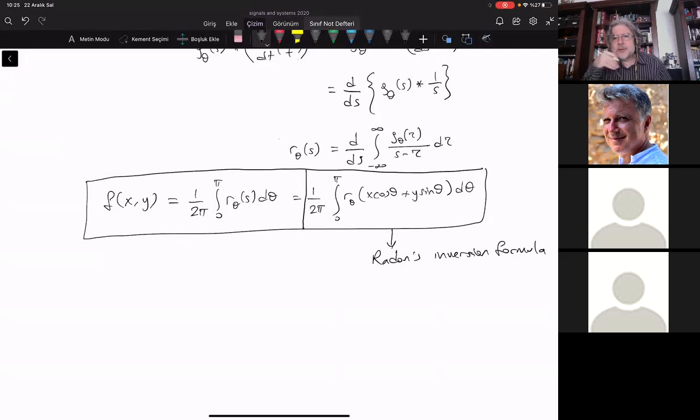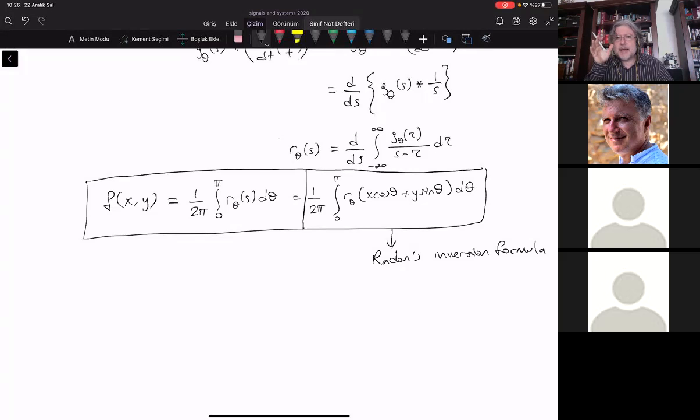Of course, inside it, you need r theta, but r theta is not a difficult thing, and it can be processed in memory efficiently for each one-dimensional signal. For each g theta of s, you can very quickly calculate r theta of s, and once you have those r theta of s's for all theta, you can use this Radon's inversion formula to roll back all these r theta of s directly back to f of x and y.